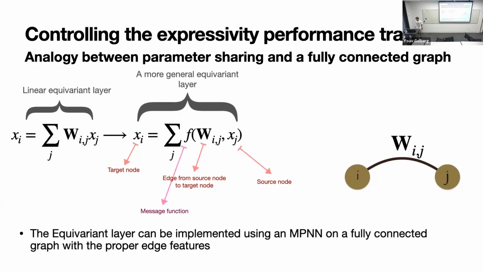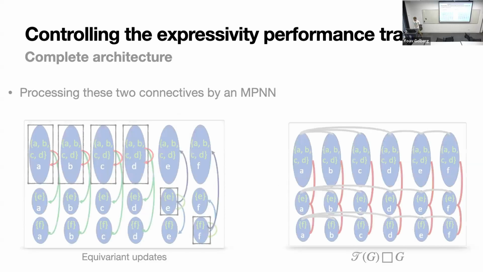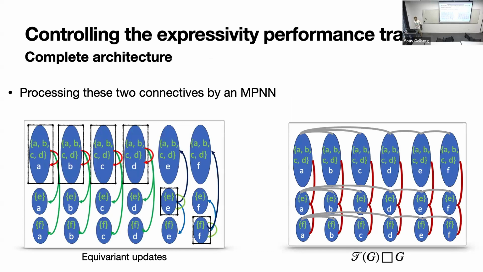And now we can basically implement the equivariant layer by simply using an MPNN on a fully connected graph with the proper edge features. So as I said before, the guiding principle was to collapse to the maximally expressive subgraph GNN when T is the identity. So we chose a subset of the parameters in W, a subset of the weights, basically, which correspond to basis vectors that build W. So we are still equivariant, and this can be visualized on the left here.